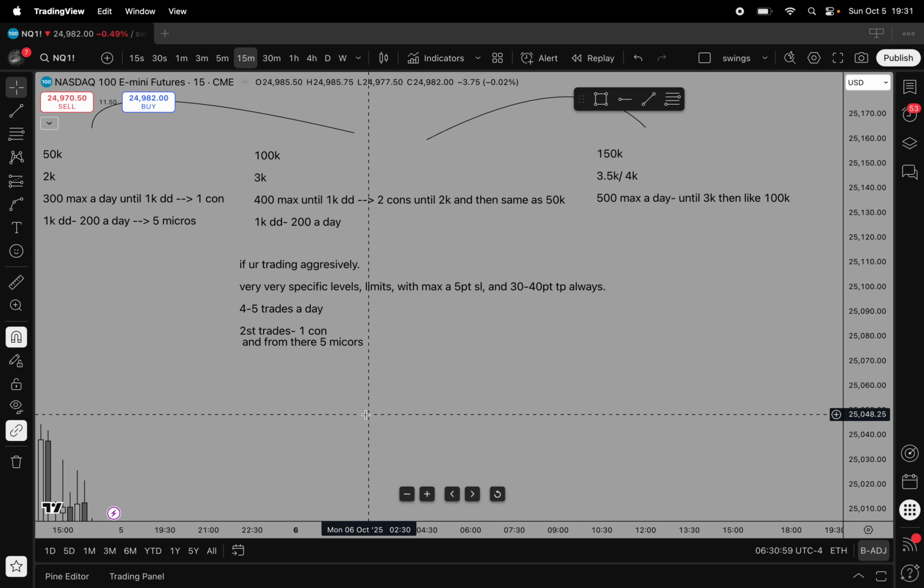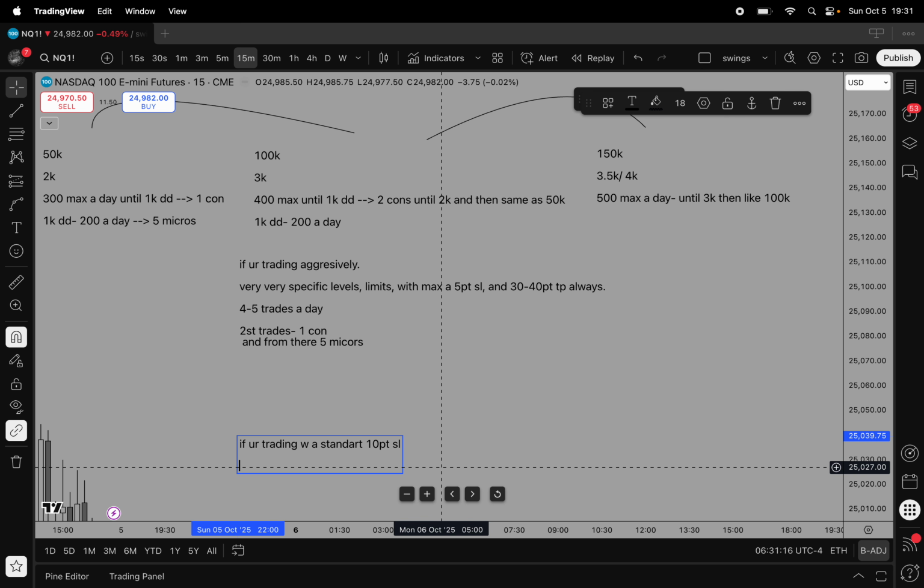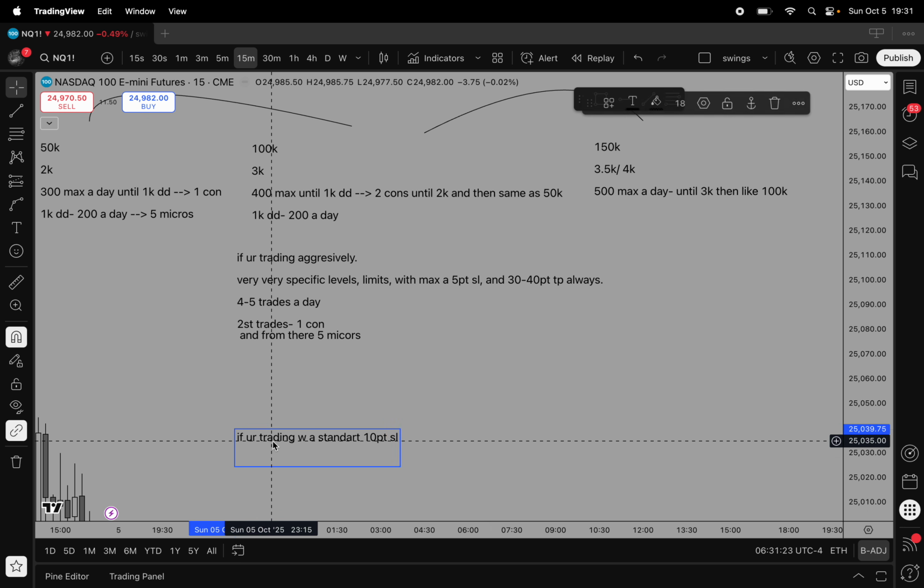If you're trading with a standard 10 point stop loss, right?